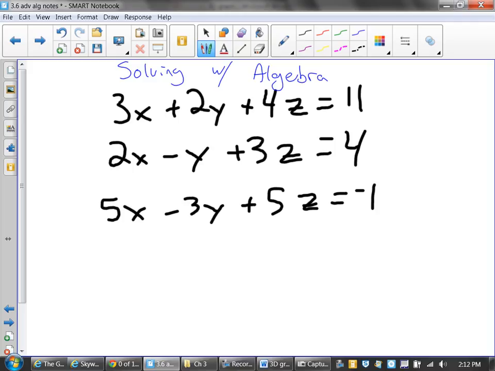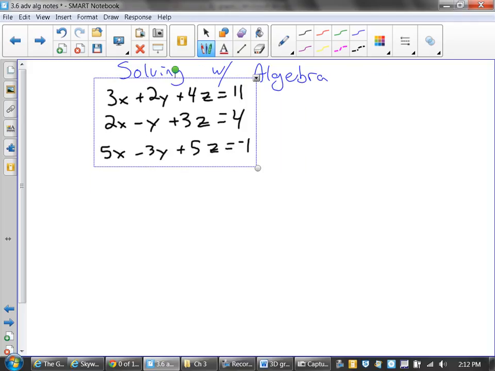Does everybody see a variable right smack dab in the middle that has a coefficient of -1? The -y, very good. Now, if I wanted to eliminate the y coefficient and variable in the first equation, what would I have to multiply the second equation by? 2. So here's what we want to do. We want to pick something to eliminate.